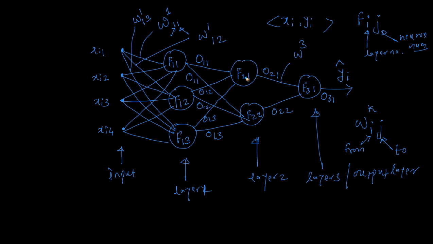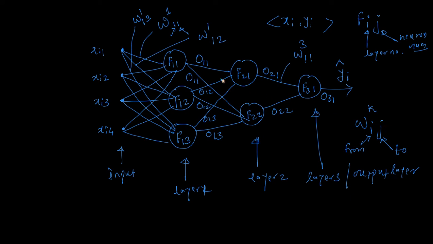Now it is going from first neuron in this layer to the first neuron here. That's why W311. First neuron in this layer to the first neuron in this layer. That's why from is 1 and to is also 1, right? So WKIJ means weight W is going in kth layer from ith neuron to jth neuron.